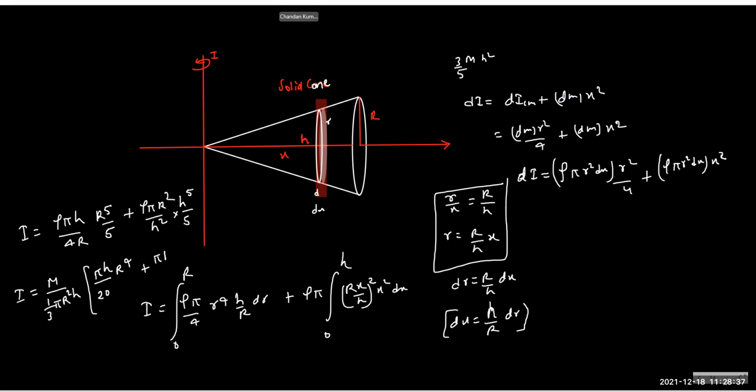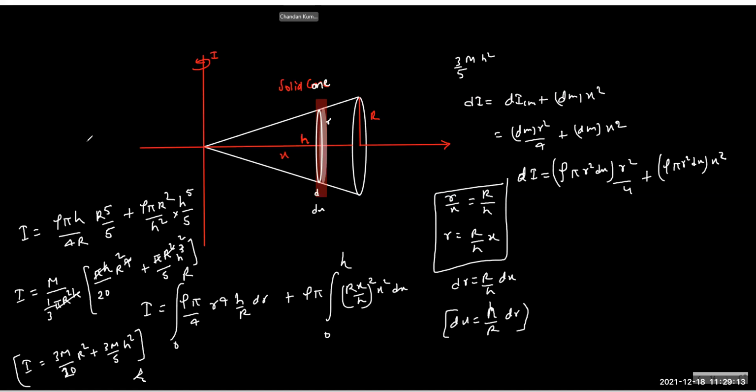Pi r square by pi h cube. And pi r square h you can cancel. That's it. So I equals to 3m by 20 r square plus 3m by 5 h square. Oh my god, this is a big answer.